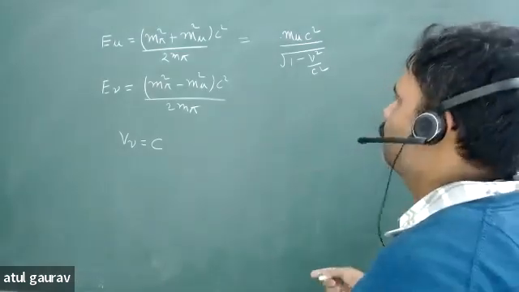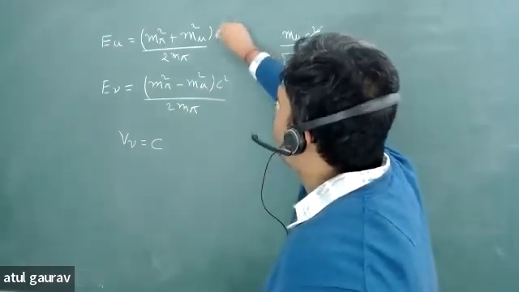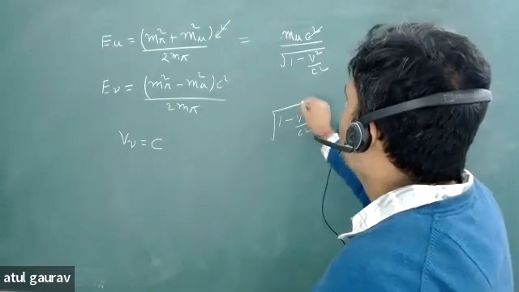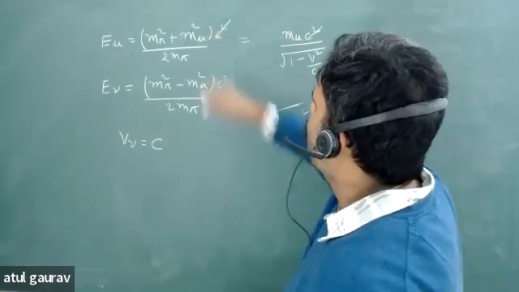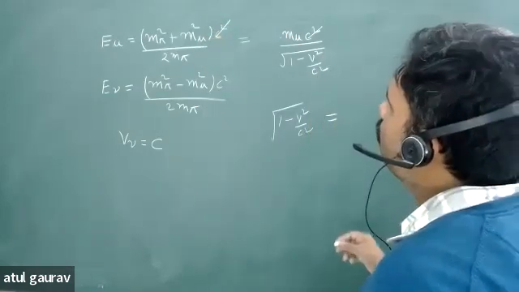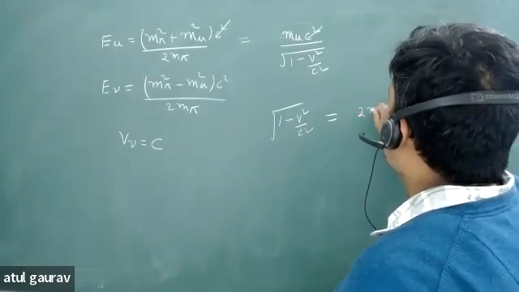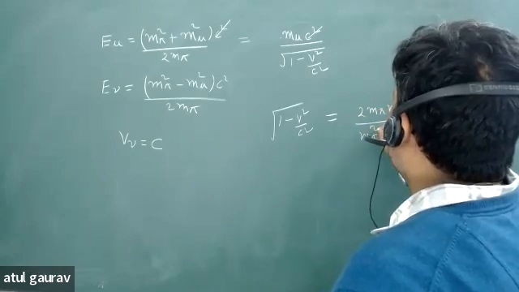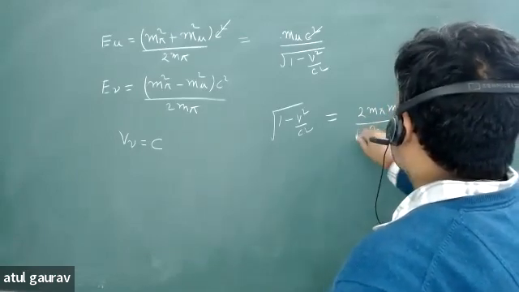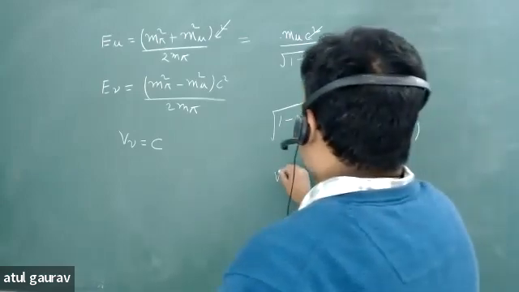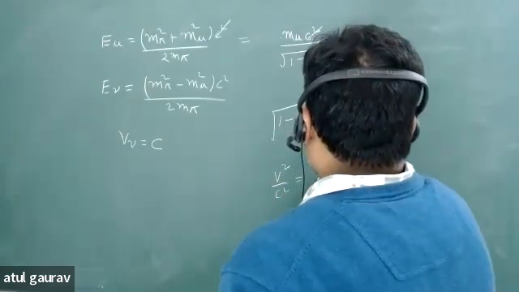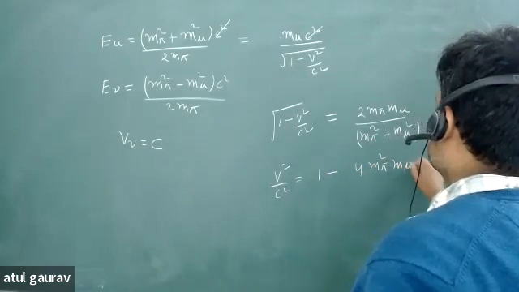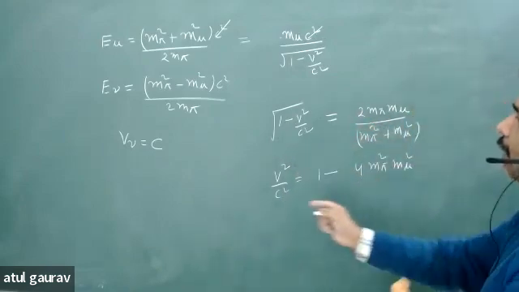So how will we calculate it? We can easily calculate it. This c square cancels out. We can write 1 minus v square upon c square must be equal to 2 times m pi m mu upon m pi square plus m mu square. And from here, you can calculate v square upon c square is equal to 1 minus 4 m pi square m mu square, squared first and then taken over there, okay?